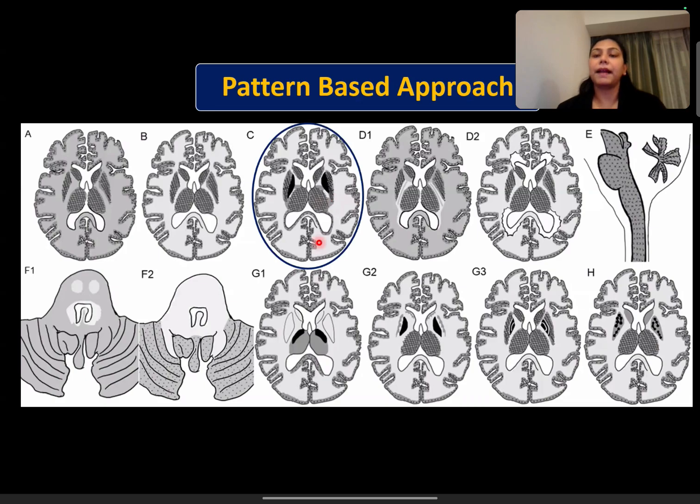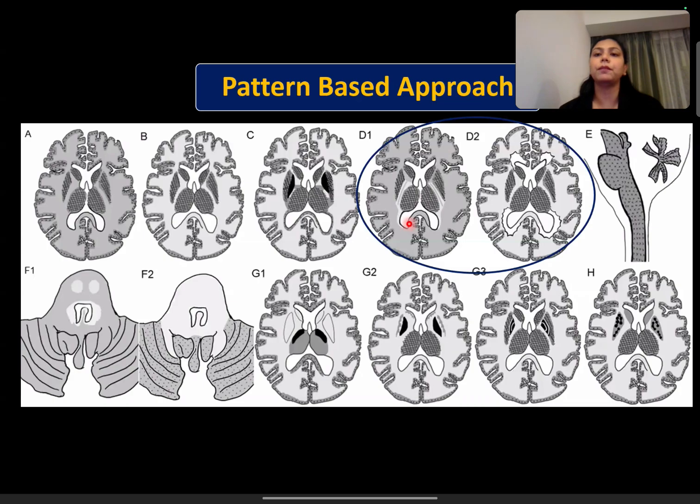Then the other patterns can be when there is diffuse hypomyelination, but instead of sparing of certain structures, there may be involvement of certain structures more conspicuously. For example, in this case, periventricular white matter is more conspicuously involved in addition to diffuse hypomyelination, whereas in this case, only certain specific structures are involved by hypomyelination.